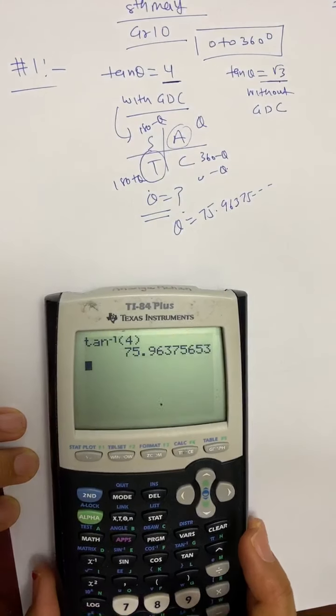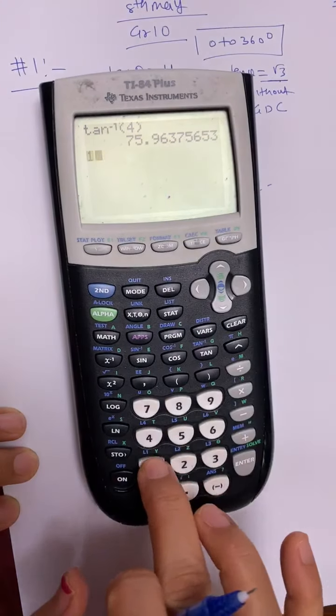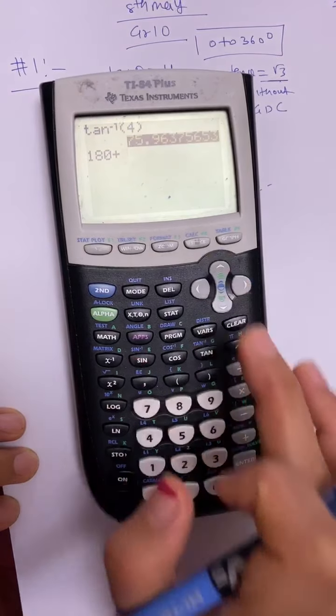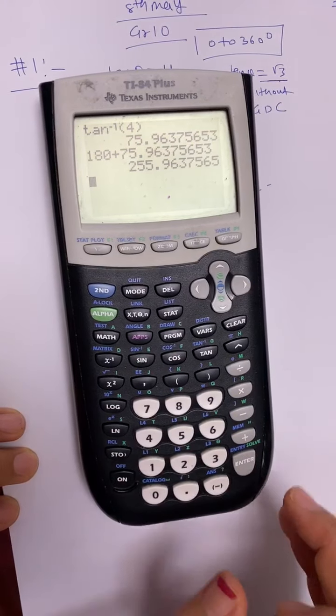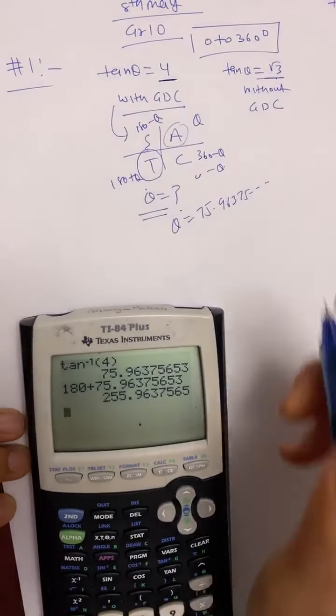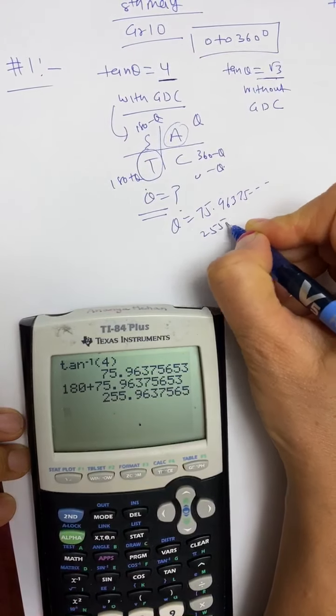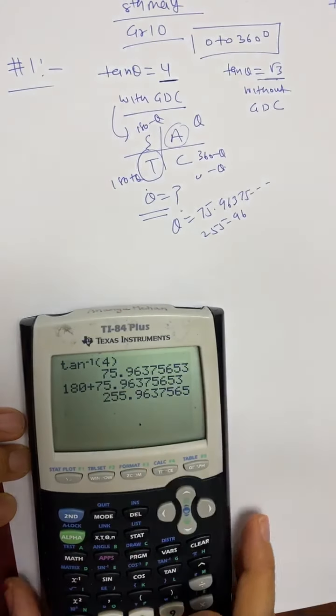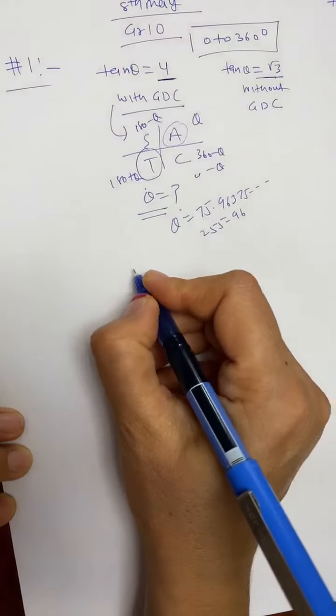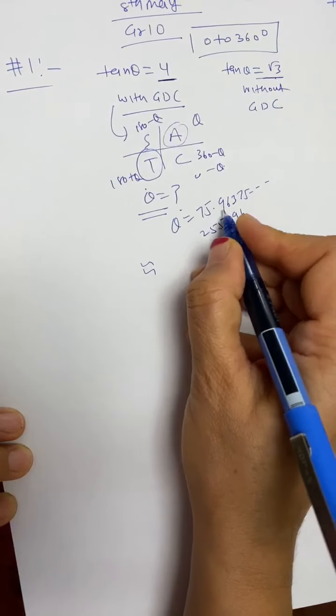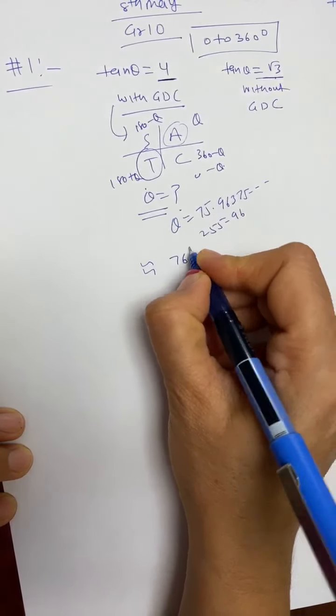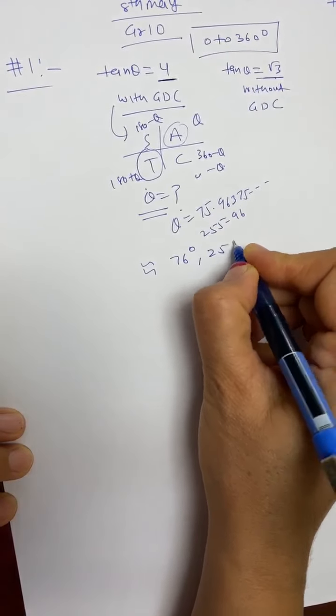And then for the third quadrant, it has to be 180 plus theta, so 180 plus this, and that's 255.96. Now I can round it, so my first value is approximately 76 degrees, and the second one is 256 degrees.